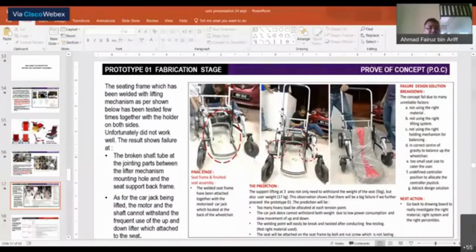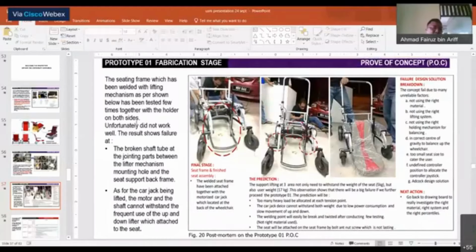So we tried to do it according to our aim, but given the facilities of the university, we were unable to produce exactly the reliable frame that we want.